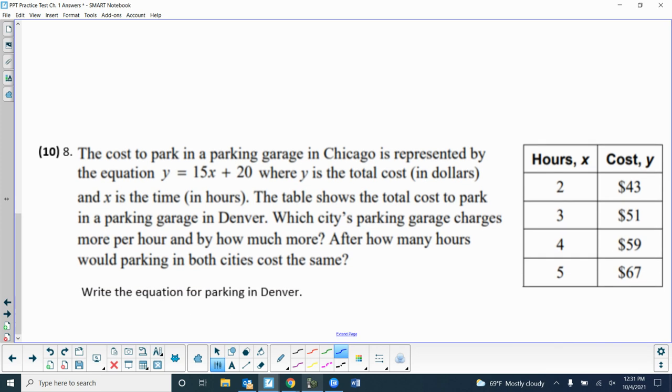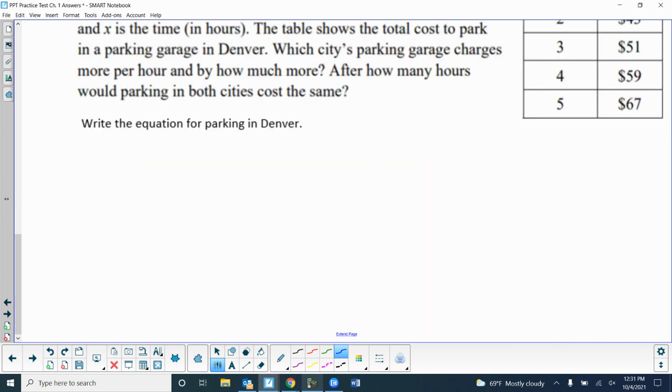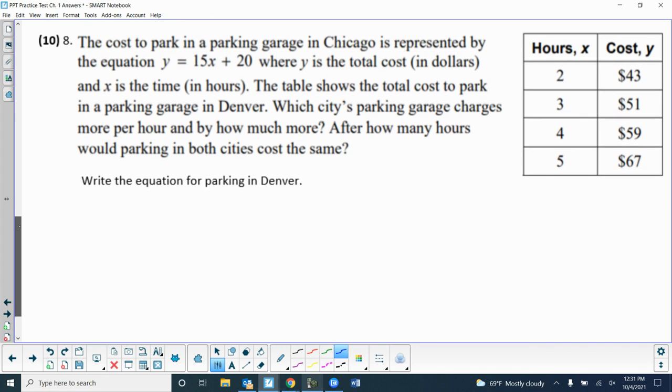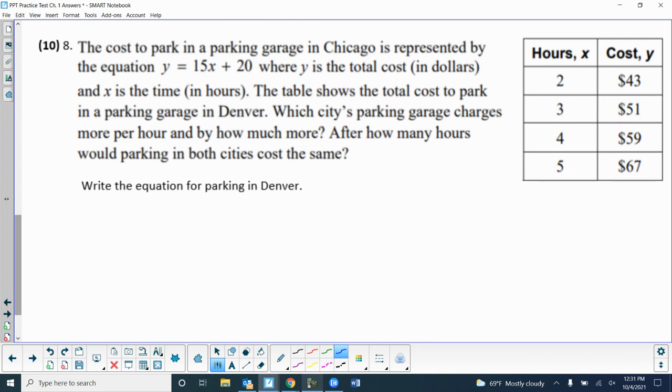All right, here's another one. It says the cost to park in a parking garage in Chicago is represented by the equation y equals 15x plus 20, where y is the total cost in dollars and x is the time in hours. So basically it's $15 an hour, plus there's some overhead cost.